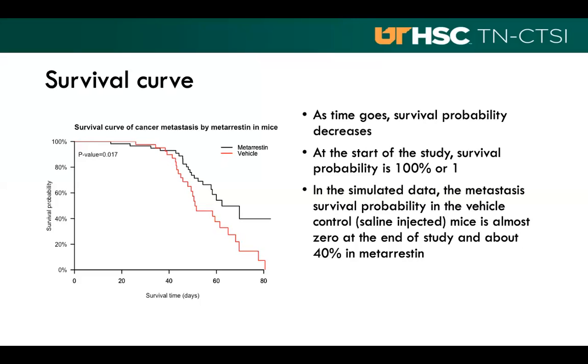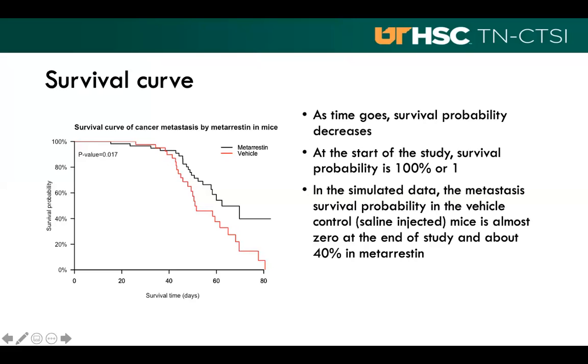For example, if the cancer started in the pancreas, when metastasis occurs, it enters the blood circulation and gets into the lung, brain, bone marrow, and the like. So we are looking at the probability of surviving metastasis, which means the cancer in the mice stays in the primary site and does not spread to distant locations in the body.